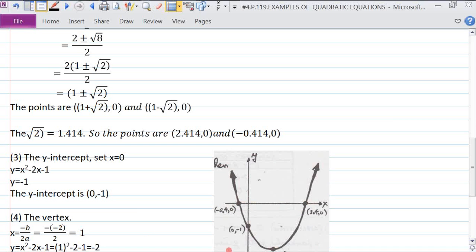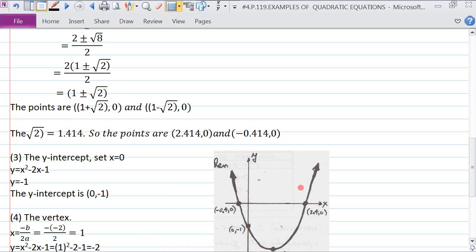Now, for your y-intercept, you have to set x equal to 0. If you set x equal to 0, this is 0 and this is 0, and y becomes minus 1. So the y-intercept is right here. That's 0, comma, minus 1, because we set x equal to 0, and when we do, y is equal to minus 1, so the ordered pair is 0, minus 1.